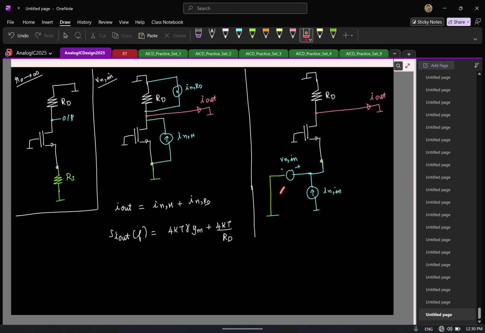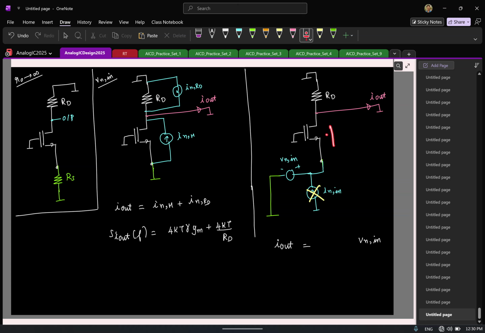Which of the two will be contributing to noise, voltage or current? Voltage, because the current is not needed. Now tell me, what is the small signal gain from this voltage source Vn in to the small signal current I out? Remember, the small signal VGS for the transistor is minus Vn in.